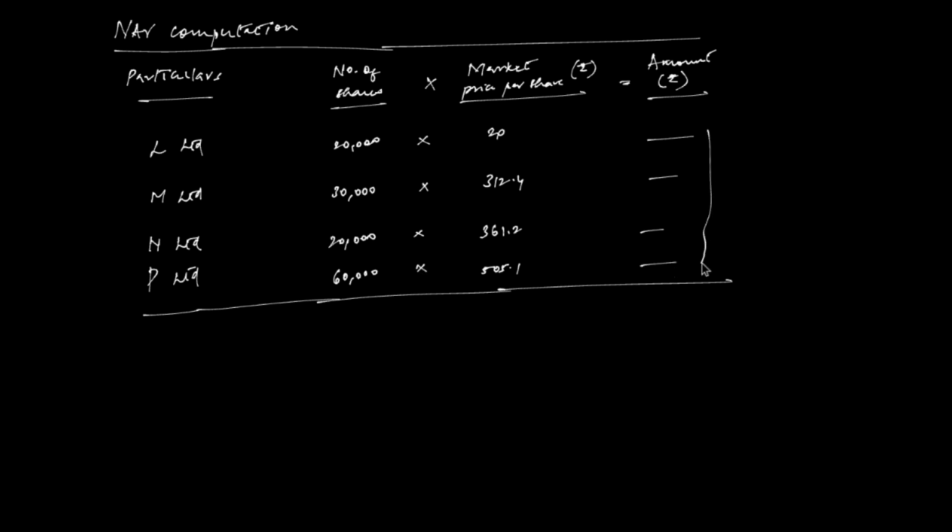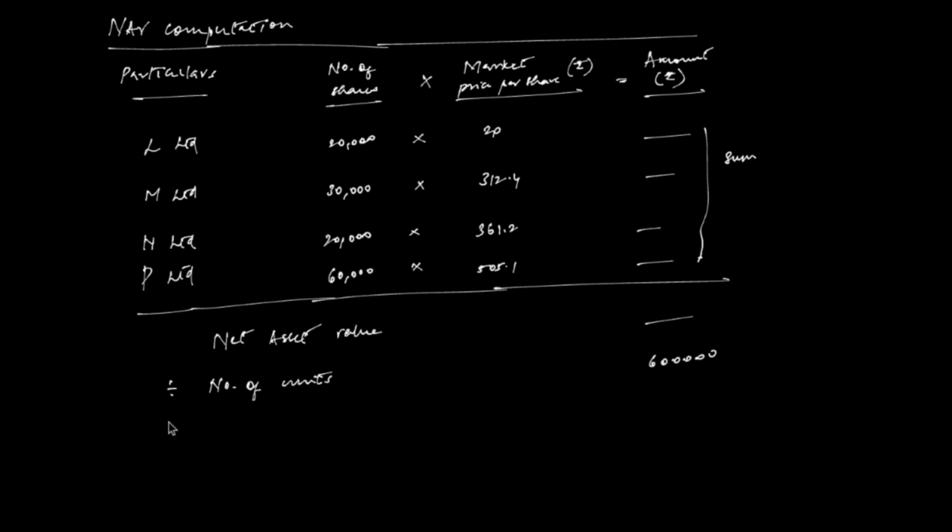Sum of all this is net asset value, and this net asset value divided by number of units, which is 6 lakh, will give us NAV per unit. Okay, so this is how we compute NAV. This we have seen in question number 7.